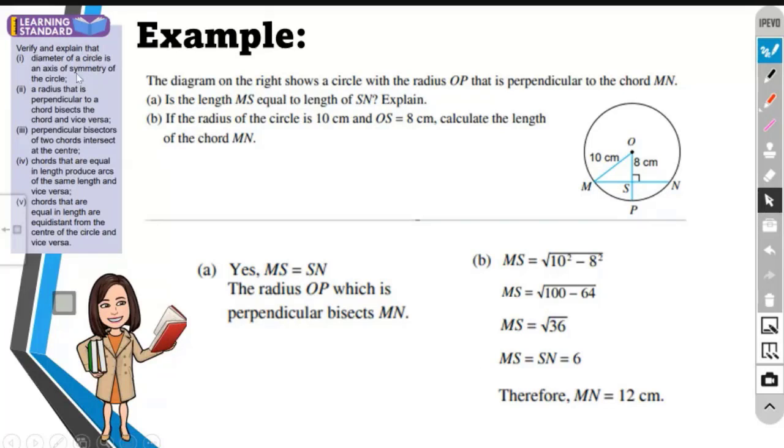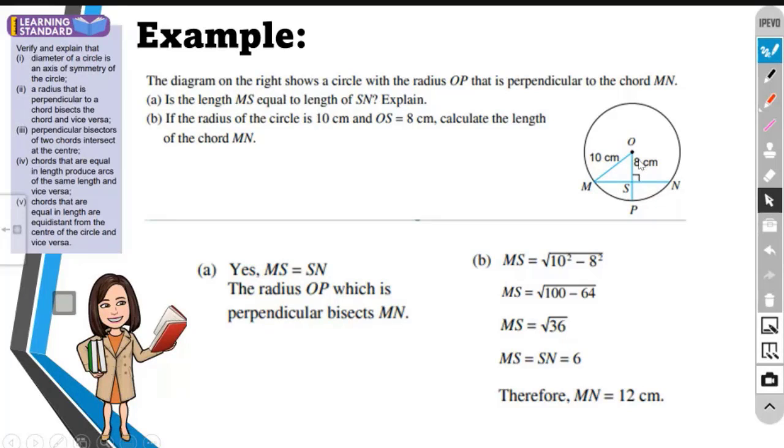That's why you need to go through all these 5 properties, because they help you answer the questions in future. When you see any circle given to you, and there are properties of the bisector, the perpendicular, the radius, the axis of symmetry, anything, you can use all these 5 to answer the questions.